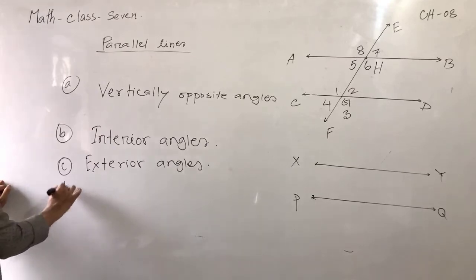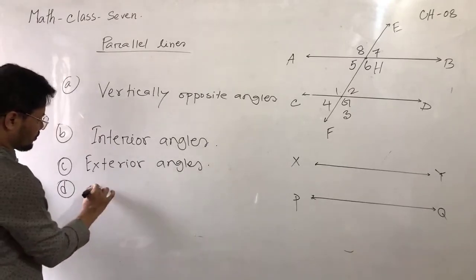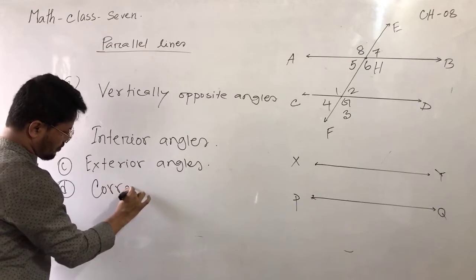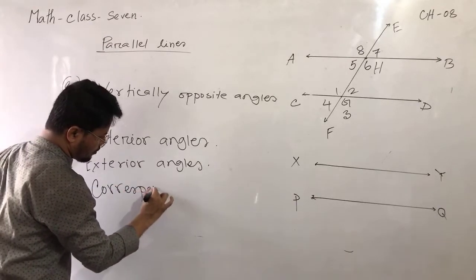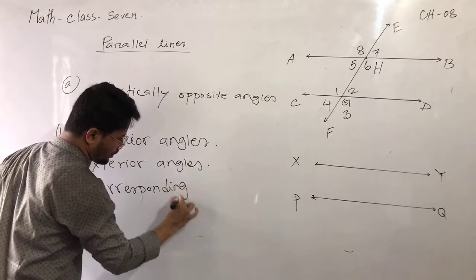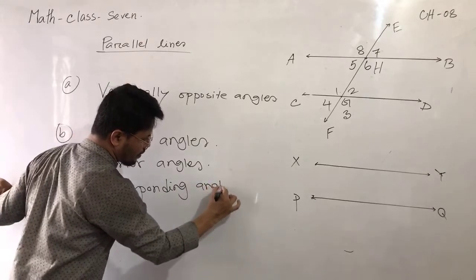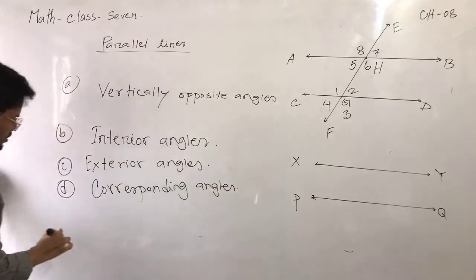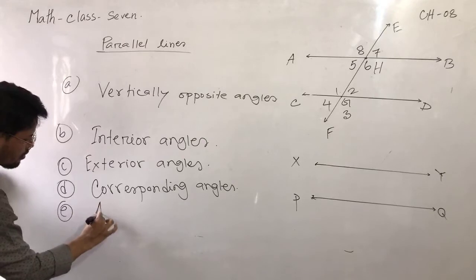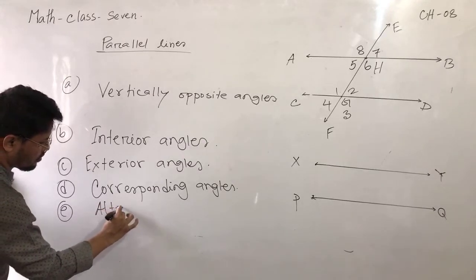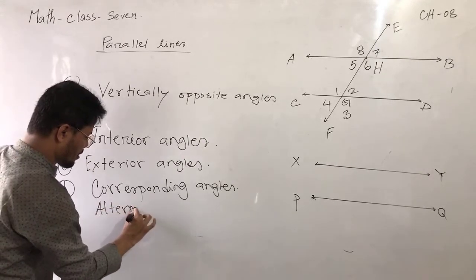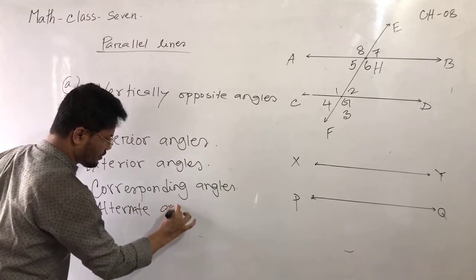Number D: corresponding angles. Then alternate angles.